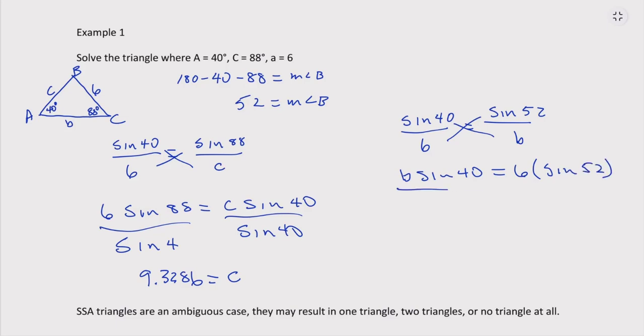We're going to divide by the sine of 40. And we get b equals 7.36. I'm going to go ahead and round this to 2 decimal places for c, so 9.33. Again, make sure you read your directions on your homework.